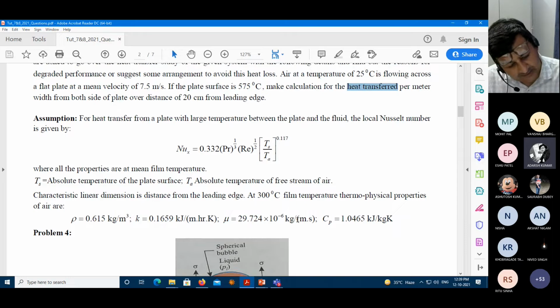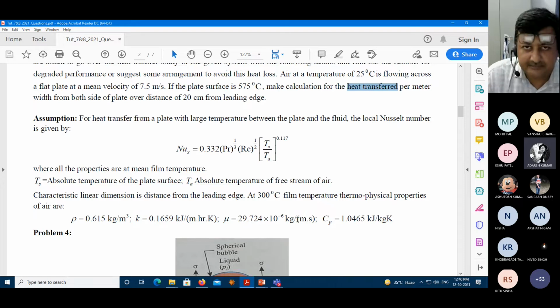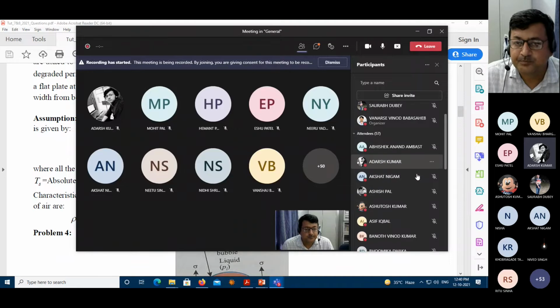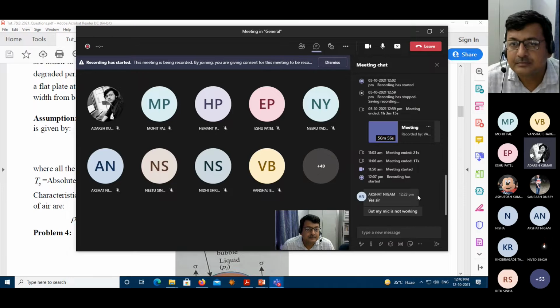What happened, why is it taking so much time to get H bar? I have told you, H bar equal to 2 into Hx. Did you get H bar? About 96.